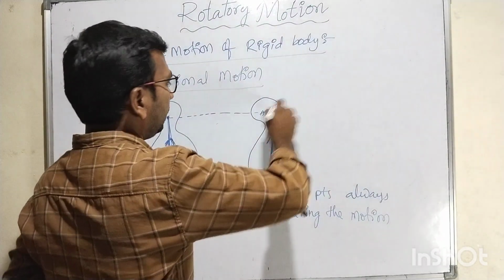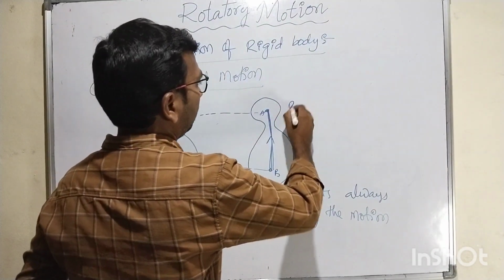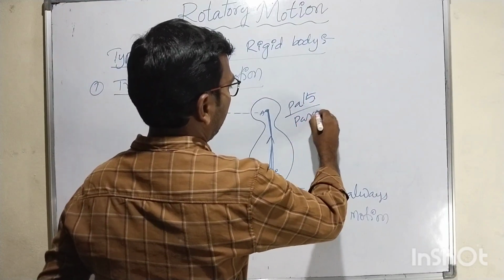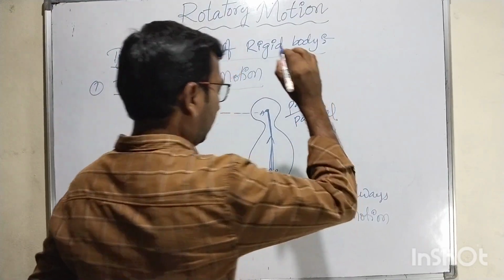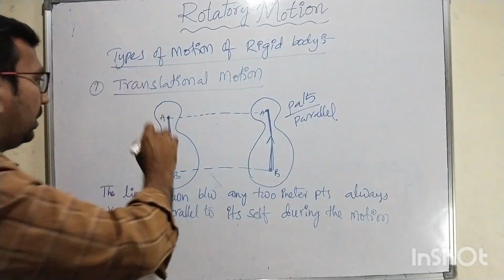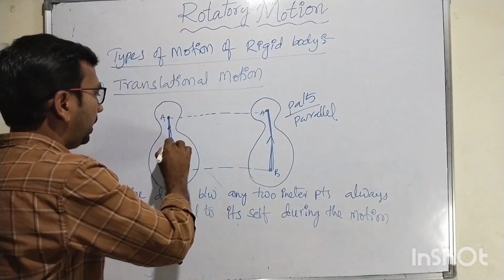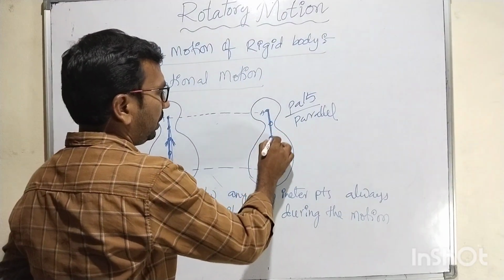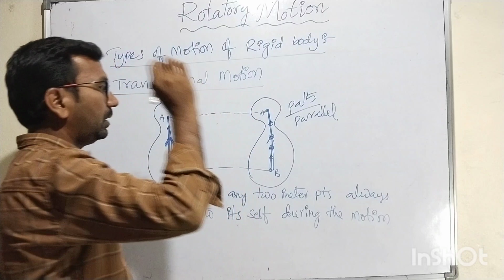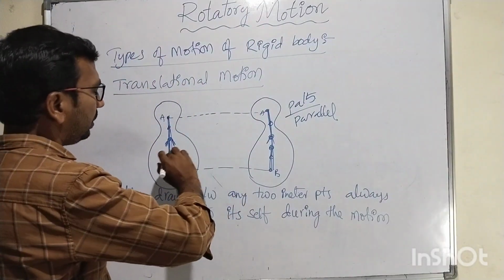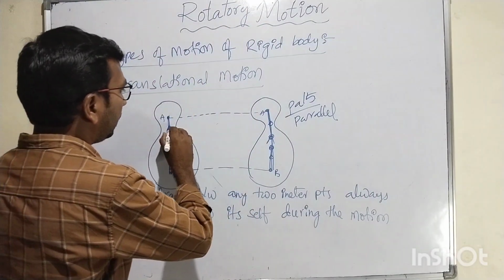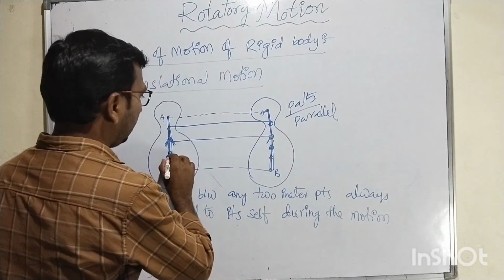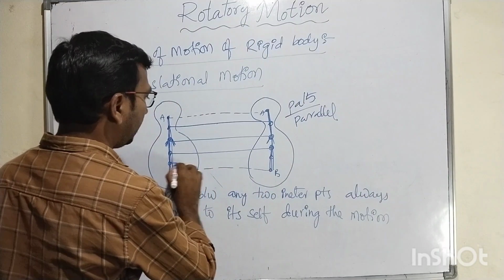Here the path of all points of the rigid body is parallel to itself. Is the path a straight line? In case the path is a straight line, that motion is called what? Rectilinear motion.